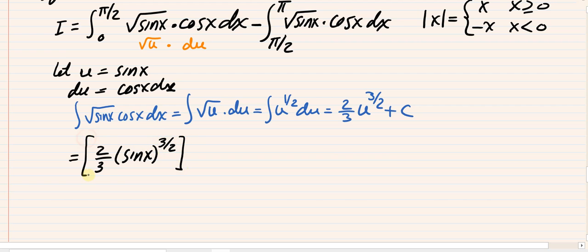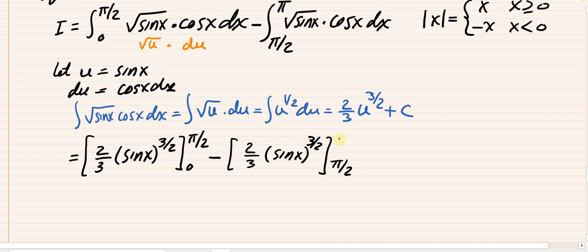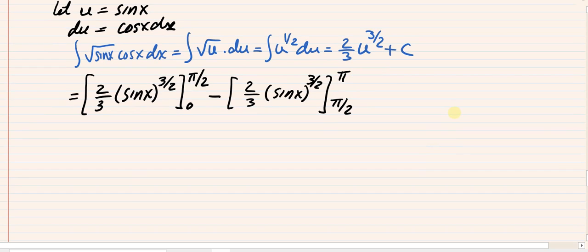That's the first integral, evaluated from 0 to pi over 2. For the second part, it's the same integrand, so it's another 2/3 sine x to the 3/2 with the limits of integration from pi over 2 to pi.